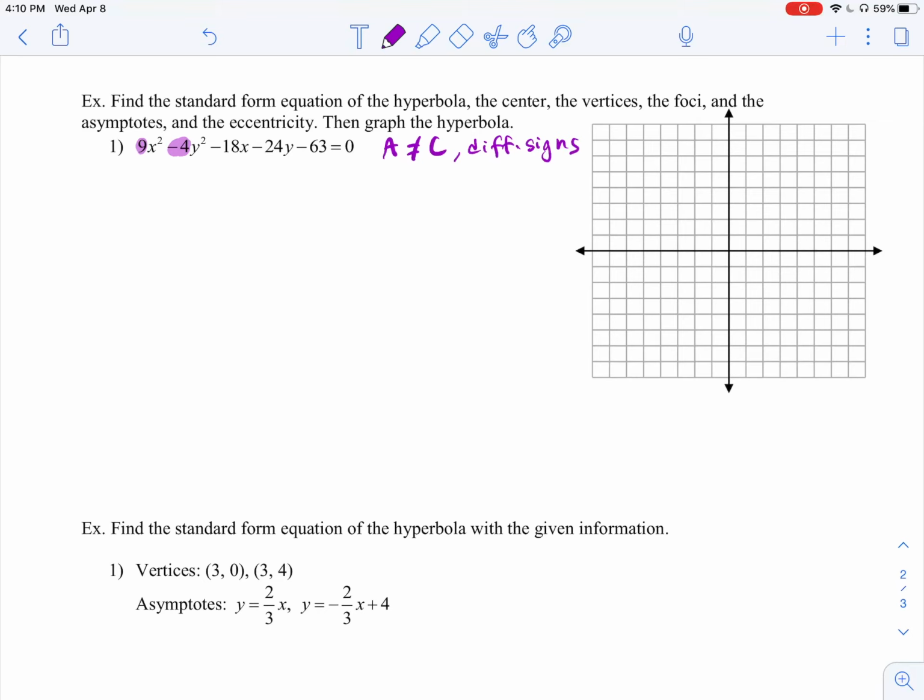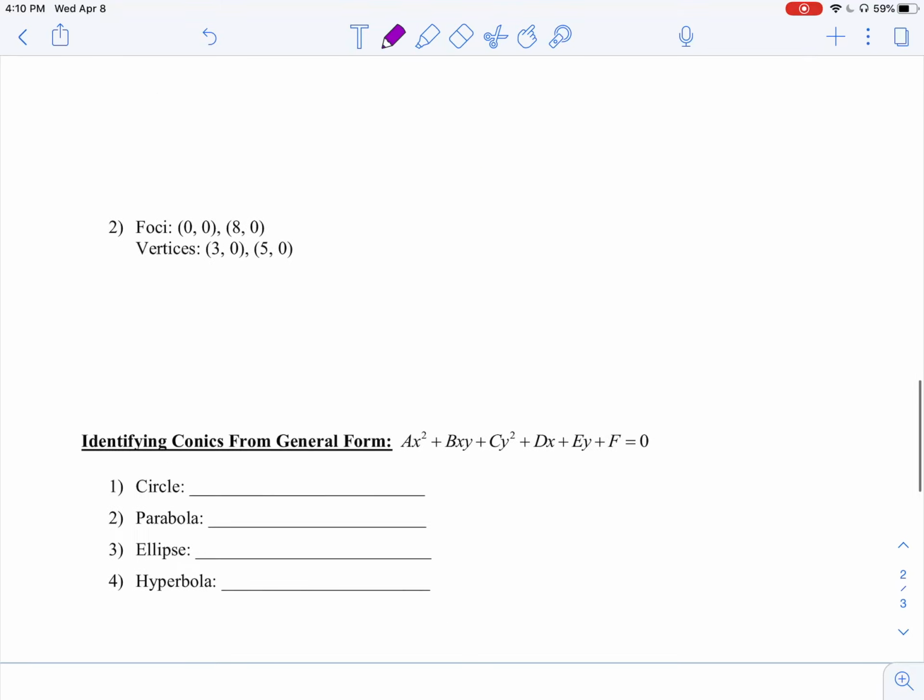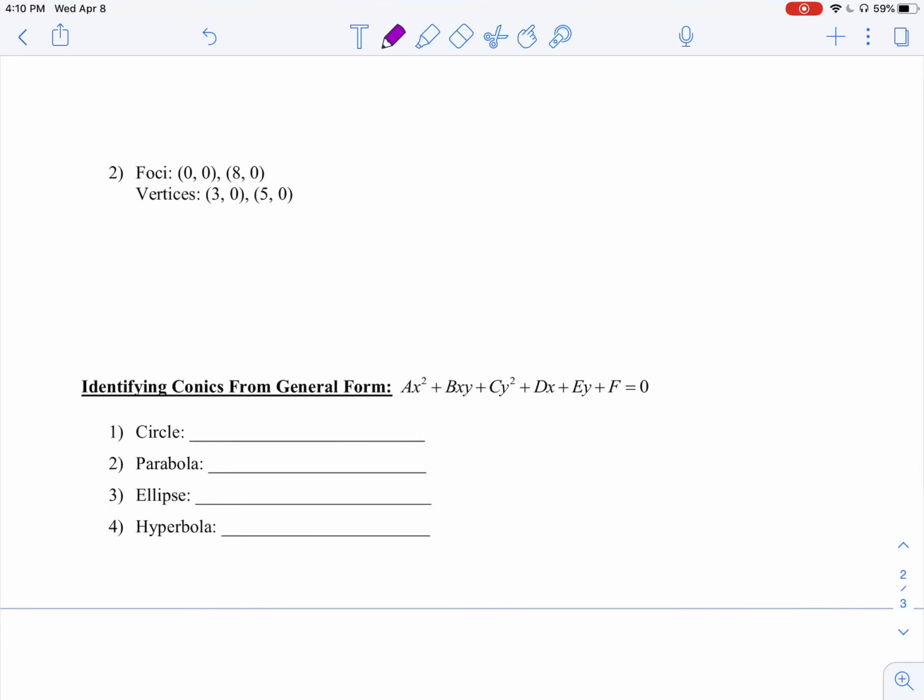Now, I was going to do this at the end of this lesson, but might as well take care of it here. Just to remember, how can we see what type of conic section we're dealing with? When our A and C values are exactly the same, then we know it's a circle, because when we divide out A and C, we're going to get the same value, 1, in the denominator.